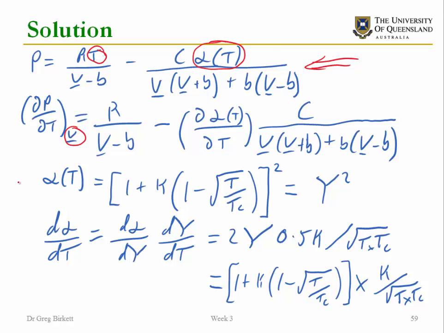Alpha is defined as this, which I've taken from the definition of the Peng-Robinson equation, and I'm just going to use the chain rule to calculate the differential.